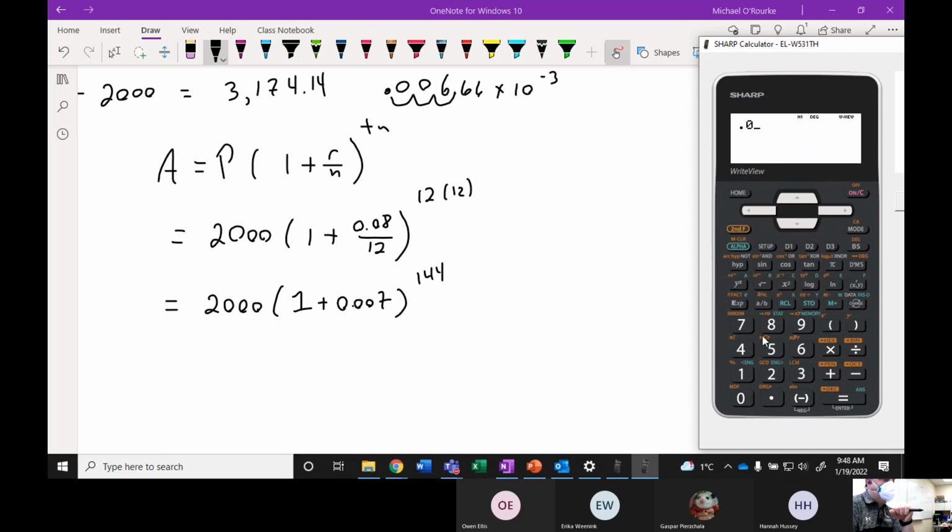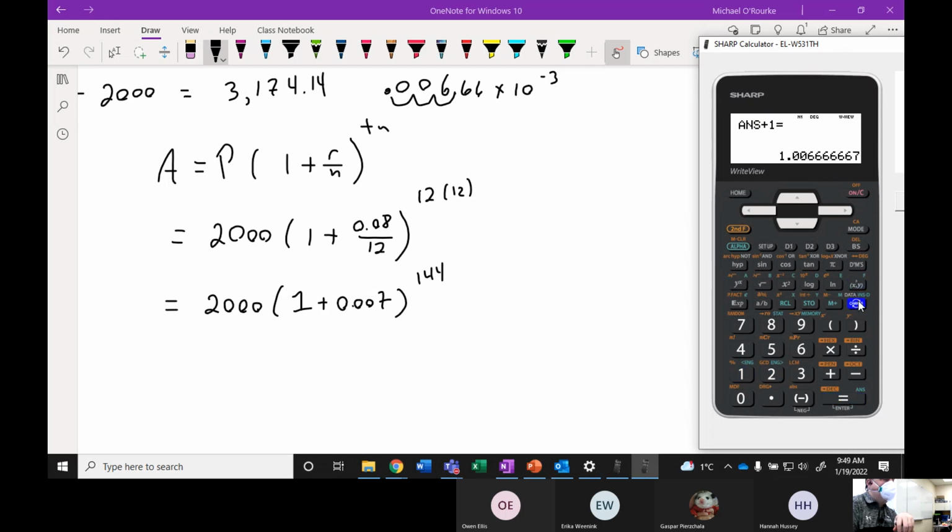Let's go 0.08 divided by 12, equals. Then plus 1, equals that.